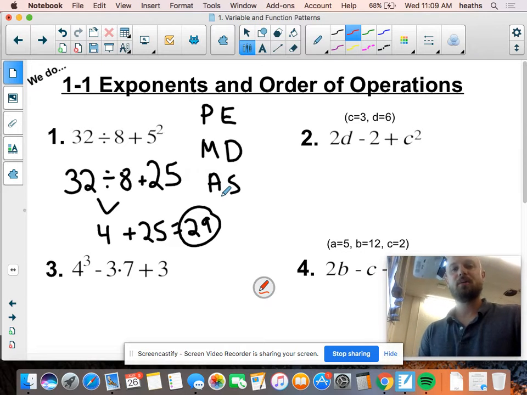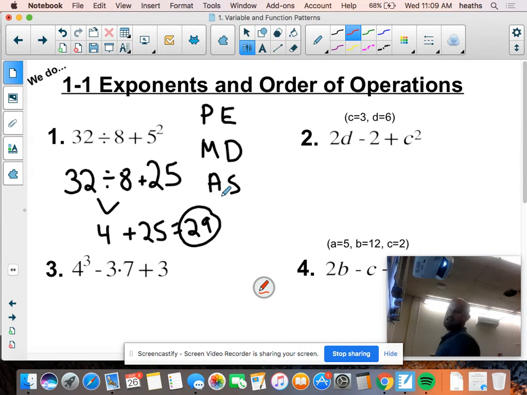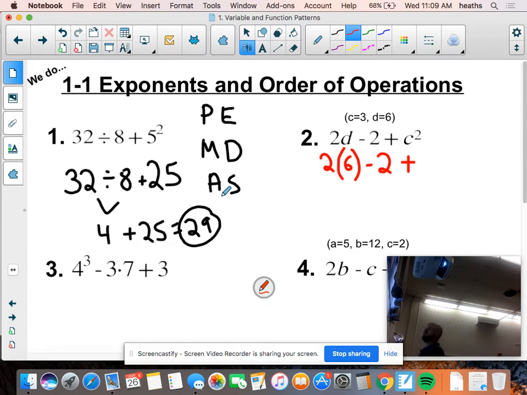Jumping over to number 2, we have 2d minus 2 plus c squared. First, let's rewrite this and plug the numbers in above. So we're going to have 2 times 6 minus 2 plus c squared. And c is going to be 3, so we're going to do 3 squared.